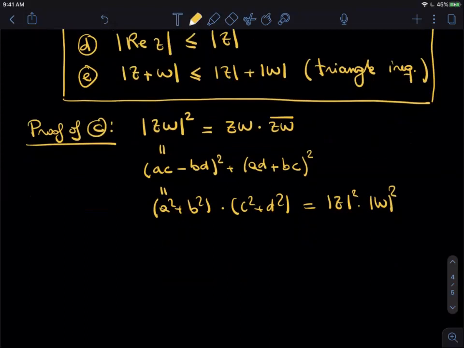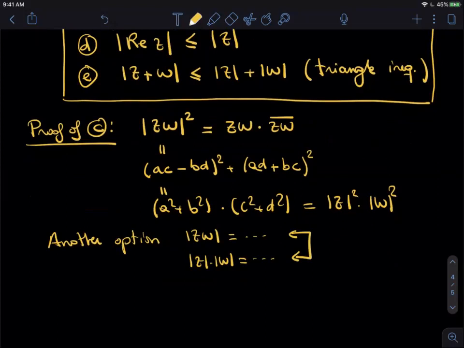Another option to prove this is to start from each of the two sides and try to meet somewhere in the middle. Try to get the same on both expressions, then it's the same thing.